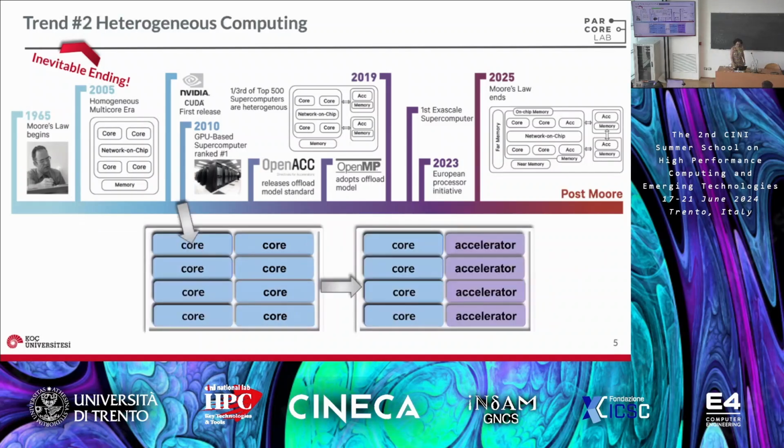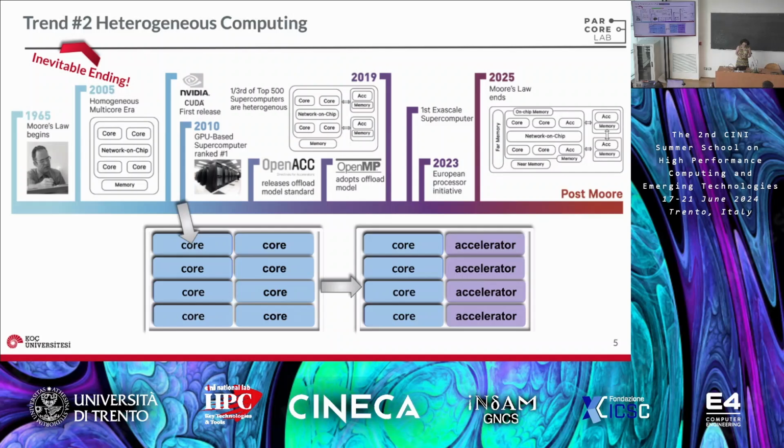And then we started having not homogeneous, but heterogeneous architectures, right? We had multi-core, but then we started having GPU accelerators attached, and having learned multi-core programming, we now had to learn accelerator programming.